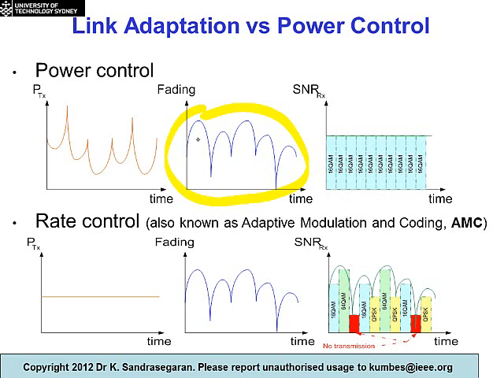You can see that when your channel quality is good, you can transmit at a lower transmission power. At this point here, where you have a good channel quality, you can afford to transmit at a lower power. Whereas when the channel quality rapidly drops and you have a deep fade, then you have to increase the transmit power to compensate for the channel.